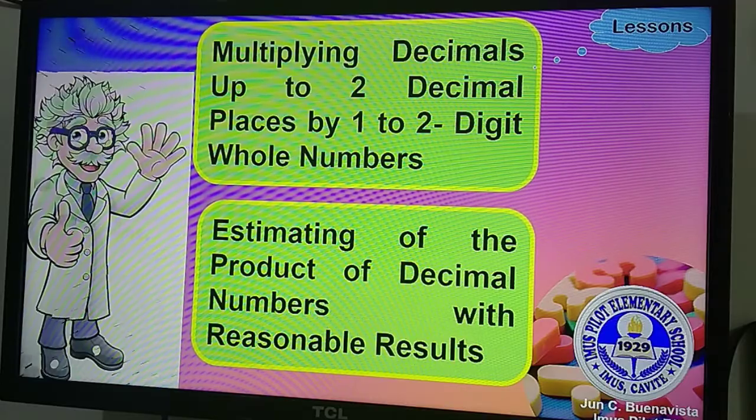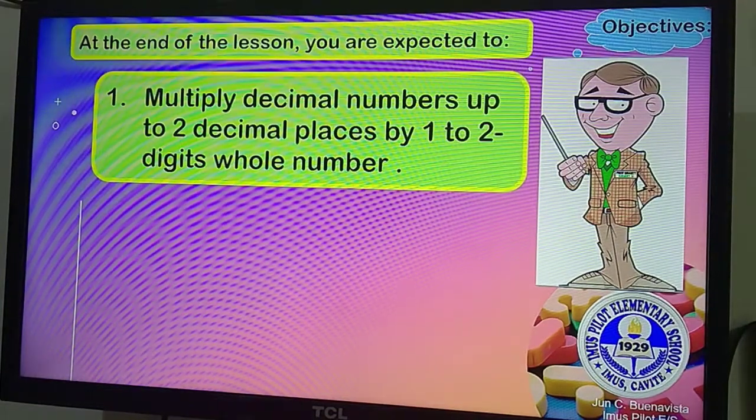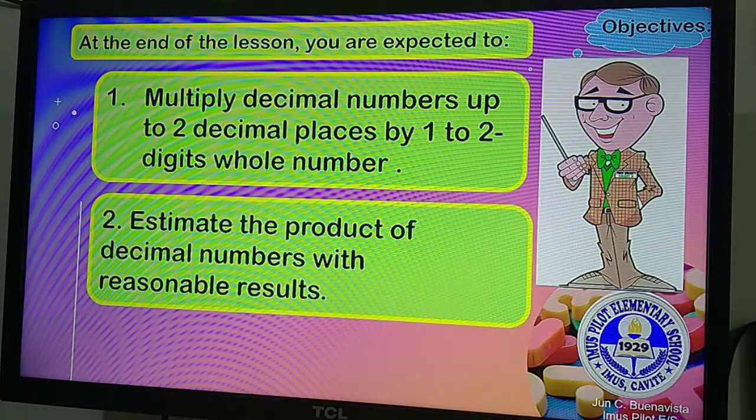At the end of the lesson, you are expected to, first, multiply decimal numbers up to 2 decimal places by 1 to 2 digit whole numbers. Second, estimate the product of decimal numbers with reasonable results.